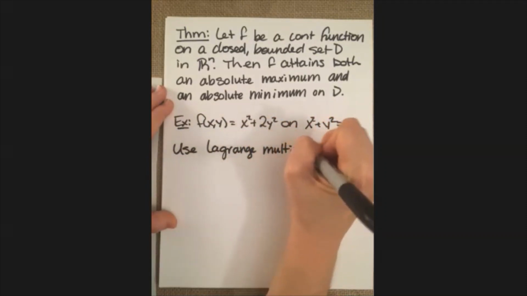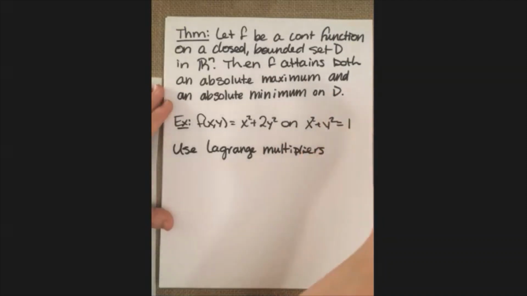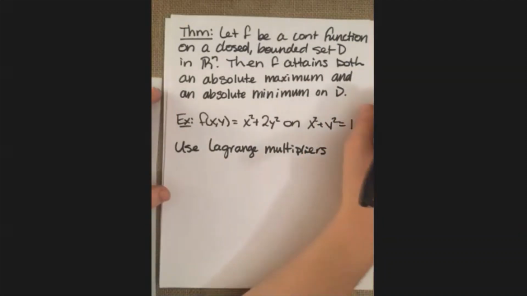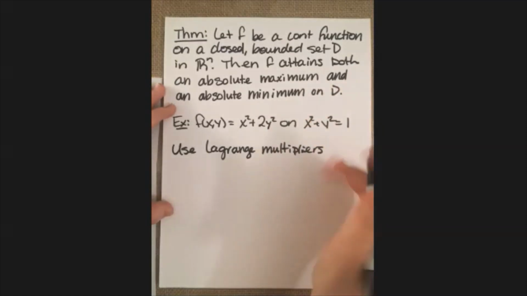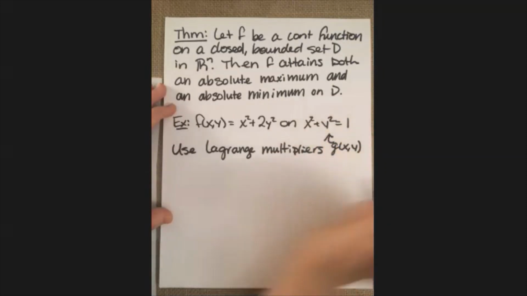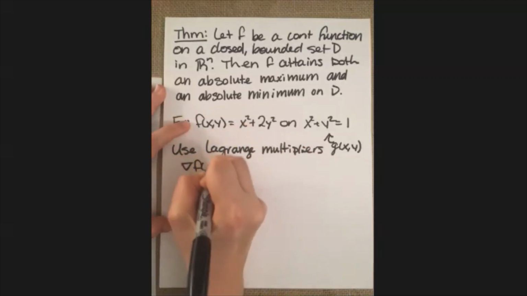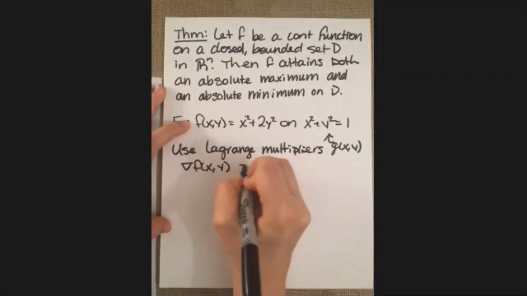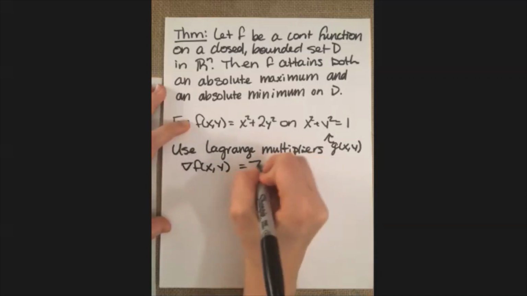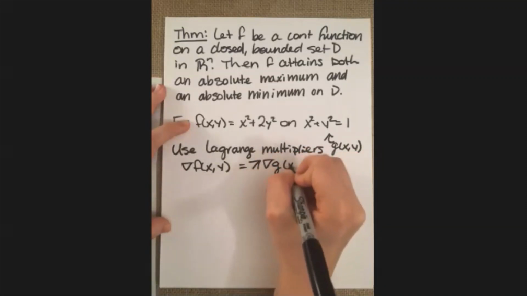And what Lagrange multipliers says is that, first of all, this had to have come from maybe a larger, I don't know, a different function. Say we can call this a general function g(x, y). And what it says is that the gradient of f(x, y) has to be equal to some scaled version of the gradient of g(x, y).